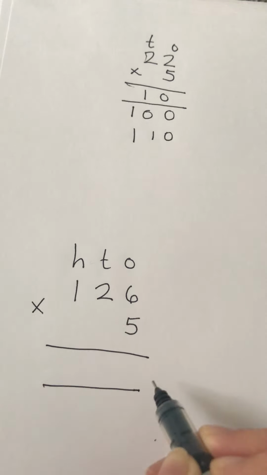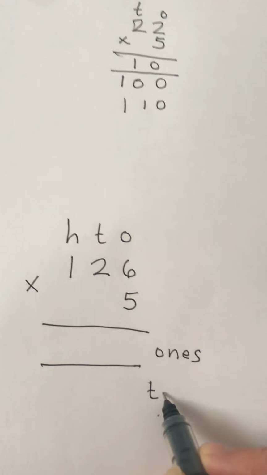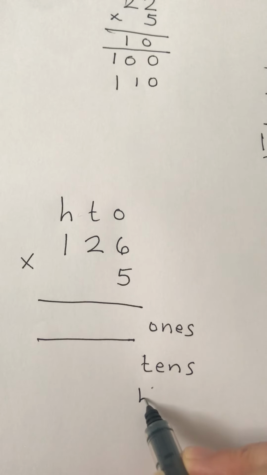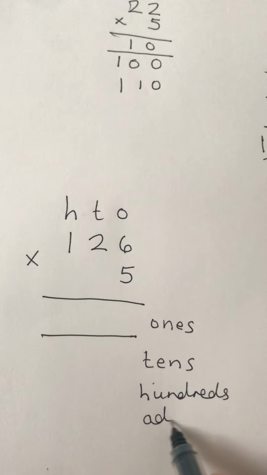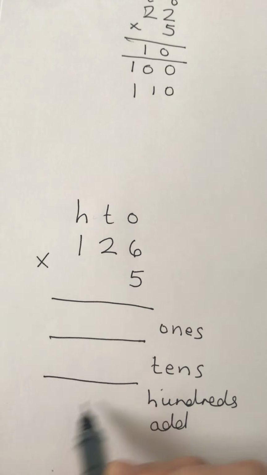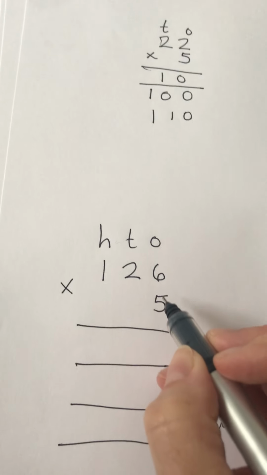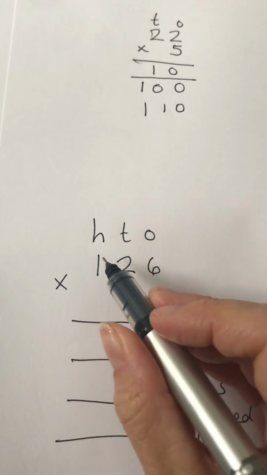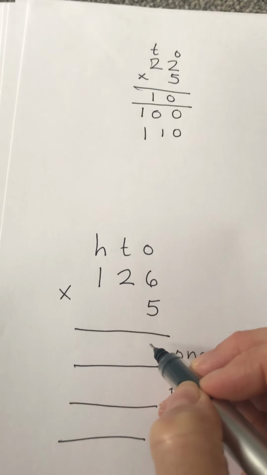So I will multiply the ones, then I'll multiply the tens, and then I'll multiply the hundreds, and then I'll add it together. And gradually, once you've practiced lots and lots, you'll get used to it and you don't need to necessarily write it all out in detail. So I'm doing 126 times 5. I know that 5 times 5 is 25.